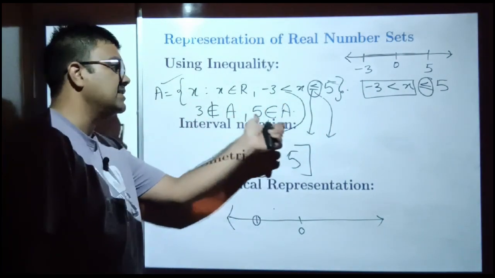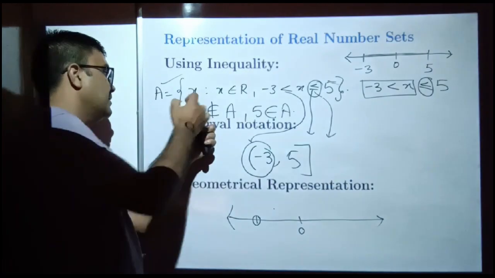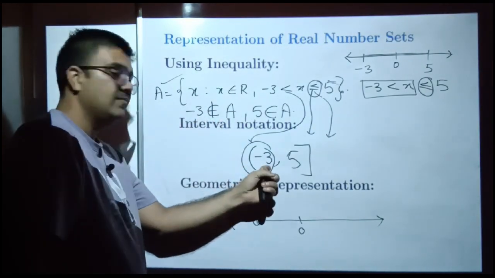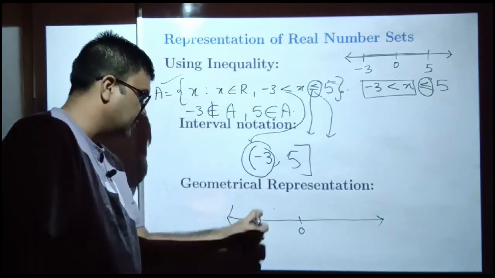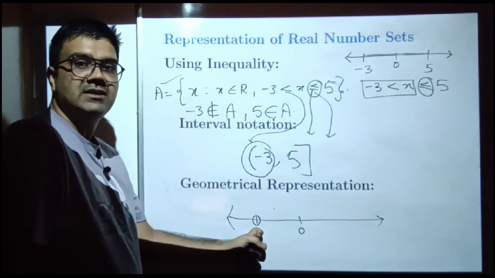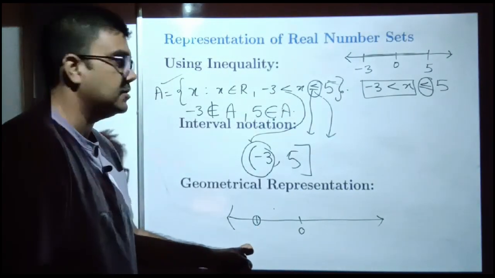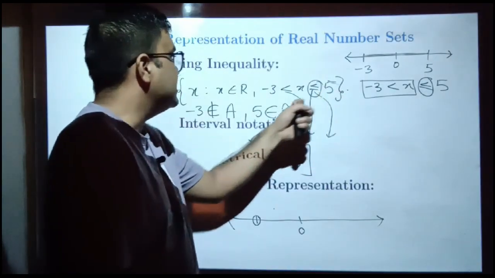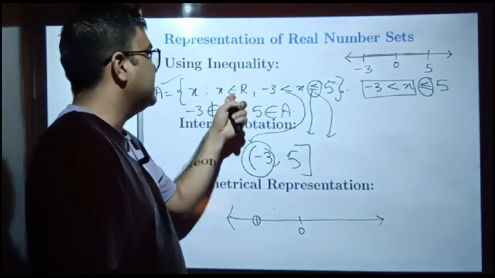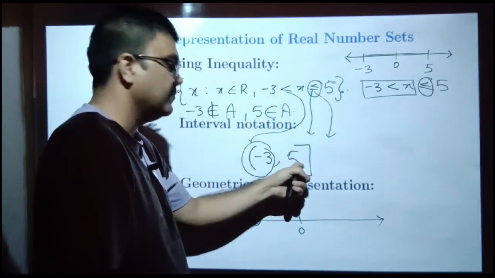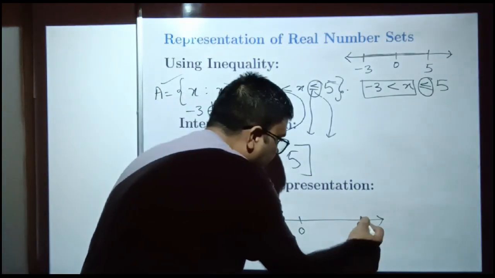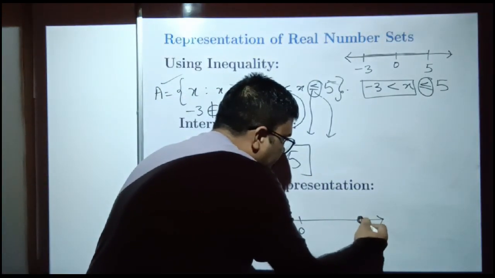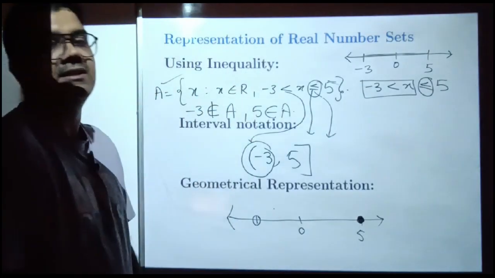How are we distinguishing these two elements? When -3 does not belong to A, we put this kind of bracket. On the number line we use a hollow dot. 5 is in this set, we are saying 5 belongs to A, so we use this kind of bracket. Number 5 is there and we use a dark dot to represent it.